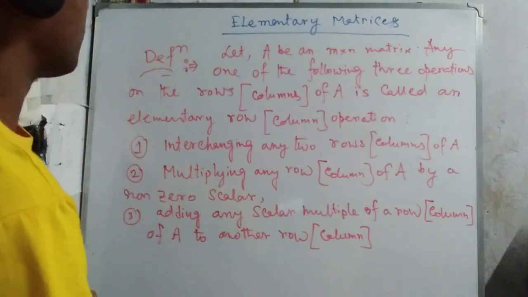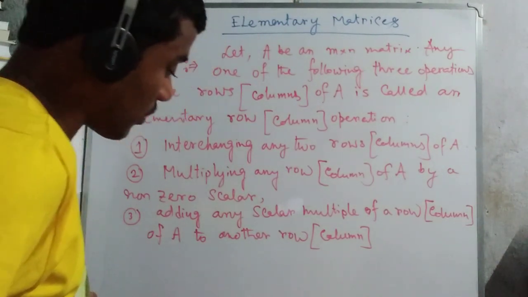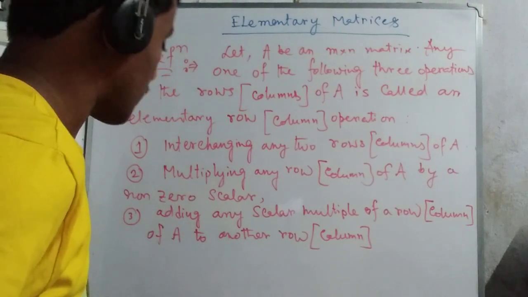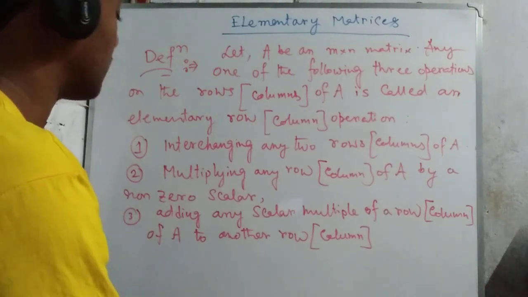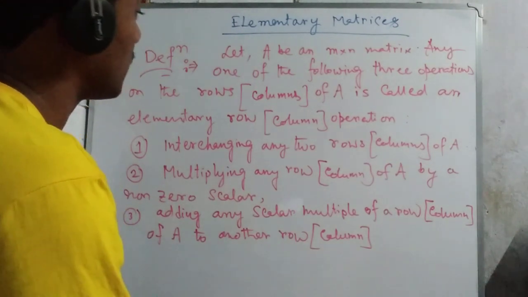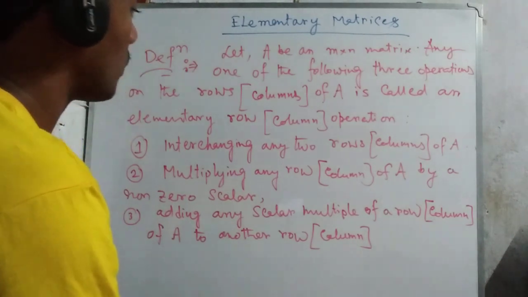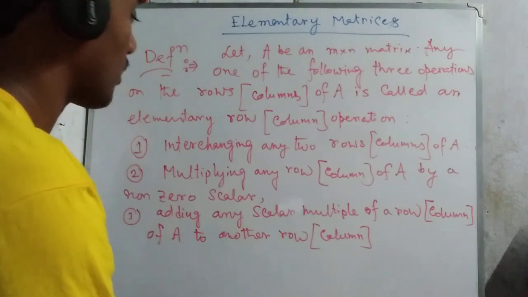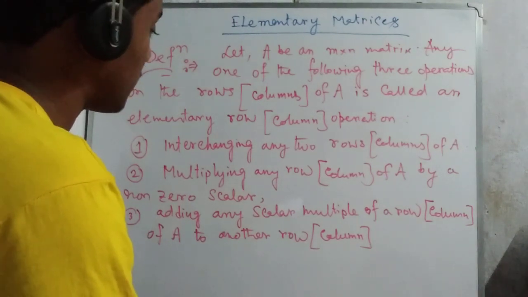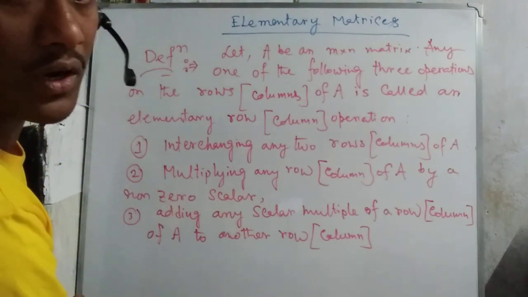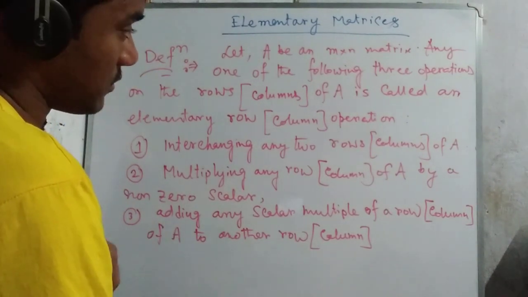That means adding any scalar multiple of a row or column of A to another row or column. These three are the three operations: interchanging any two rows or columns of A, multiplying any row or column of A by a non-zero scalar, and adding any scalar multiple of a row of A to another row.